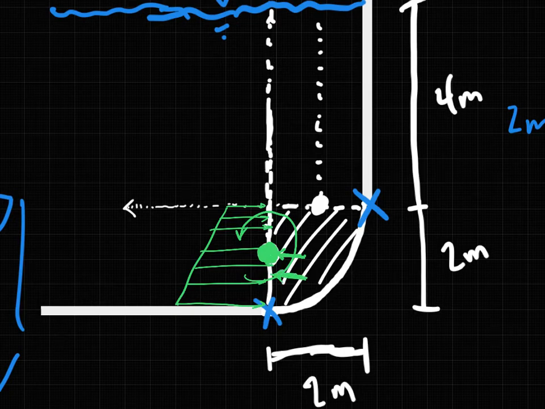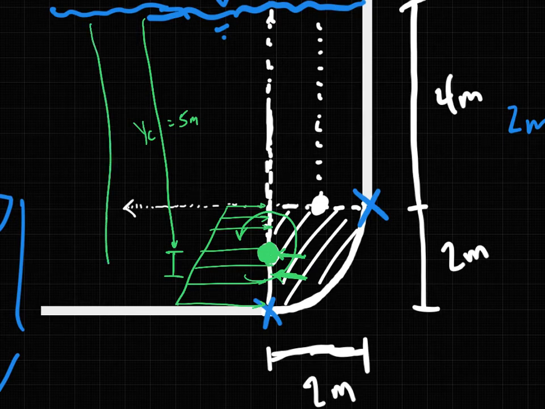How much below it? We just solved for that. We said yc equals 5 meters, and this is yp right here, the y to the center of pressure. And we said yp minus yc is 0.0666667 meters.